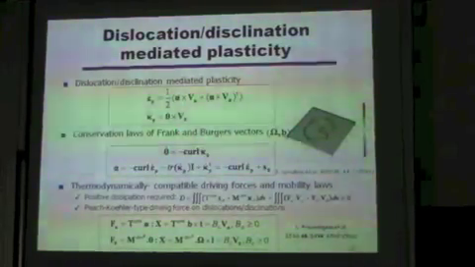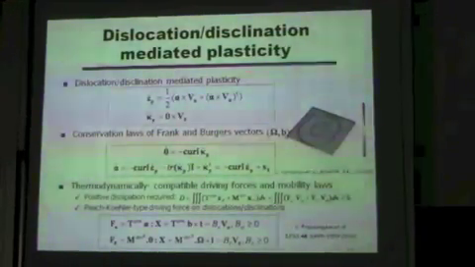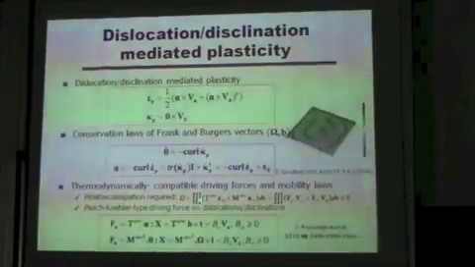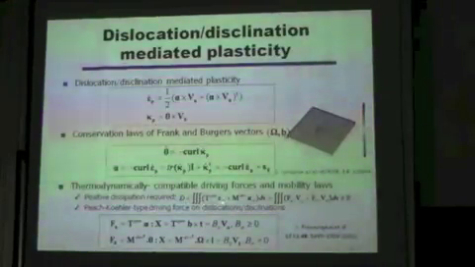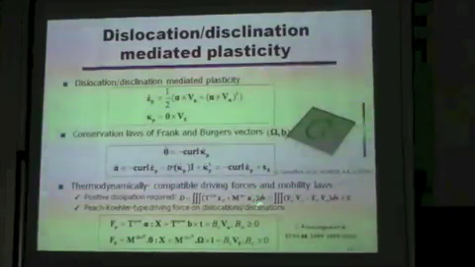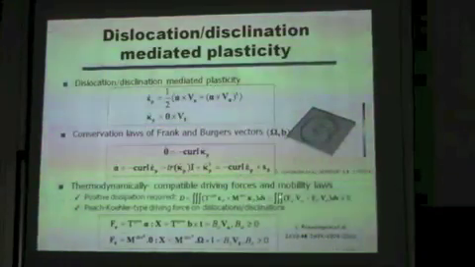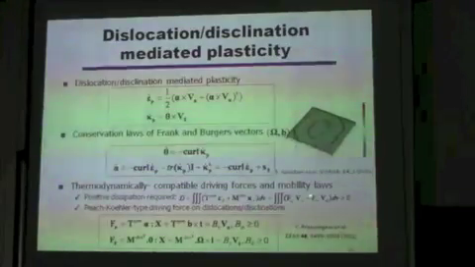So this is kinematics. Now this is for actual dynamics. So we do, of course, some thermodynamics. So we write the dissipation as a function of the plastic strain rate. So that's due to dislocation motion, and also with the plastic curvature rate, and this reproduces the motion of disclinations.